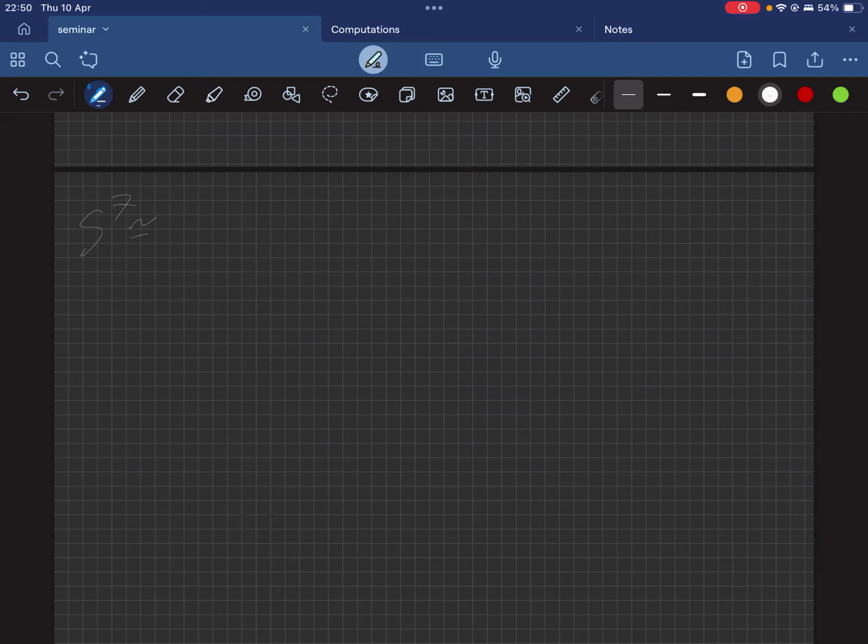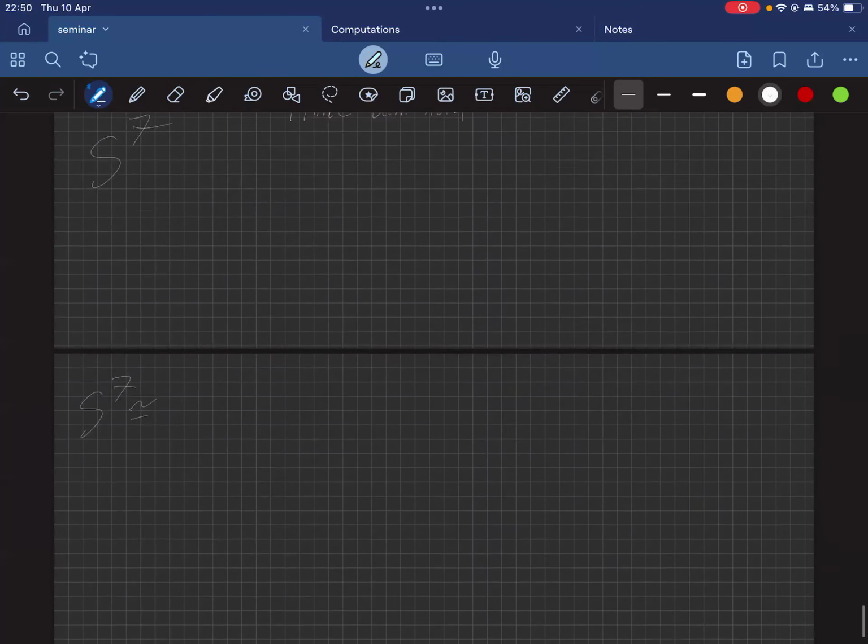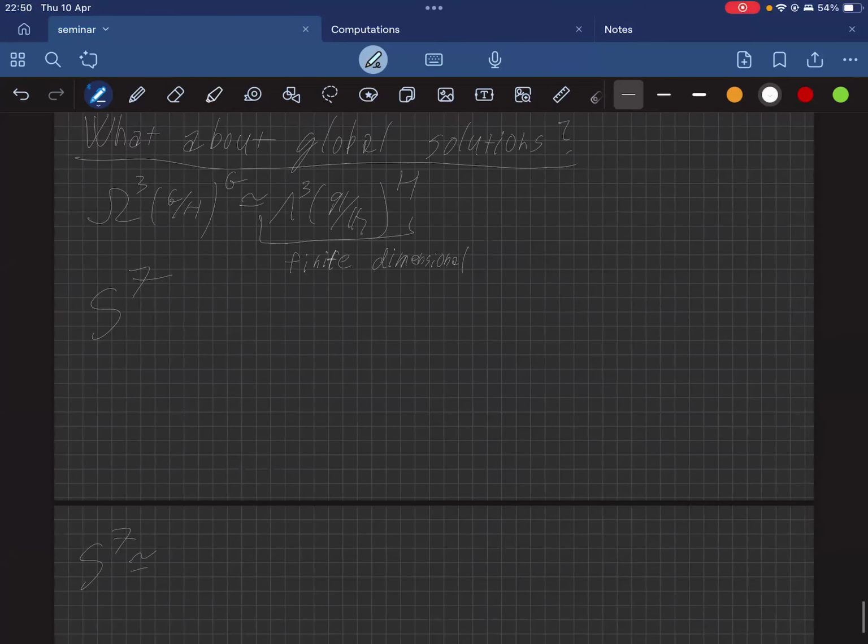So the first thing we need to do is decide what the possible homogeneous structures on S7 are. How can I write S7 as G over H, essentially? For that, I would need all the groups that act transitively on a sphere.